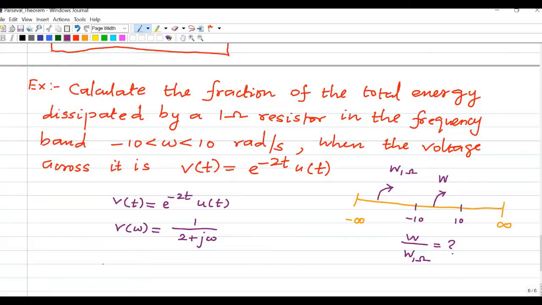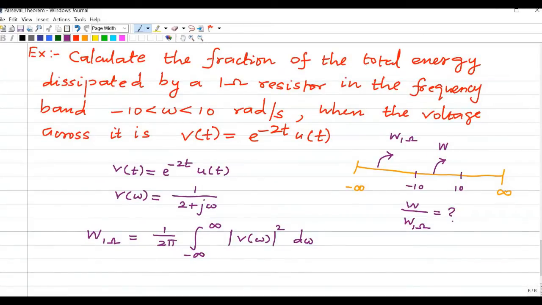Okay. So if you notice the energy expression in the frequency domain, it is 1 over 2 pi integral minus infinity to plus infinity absolute of V of omega the whole square d omega.